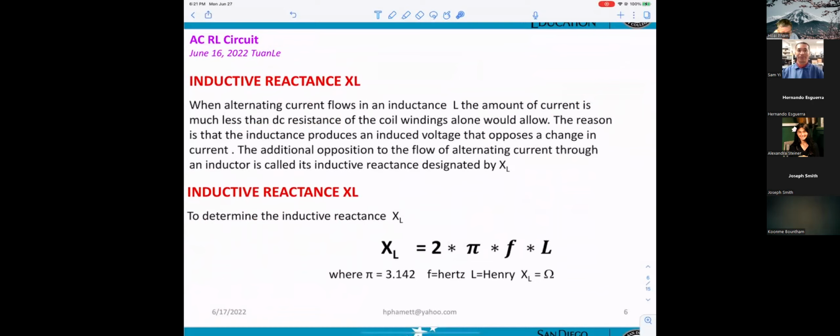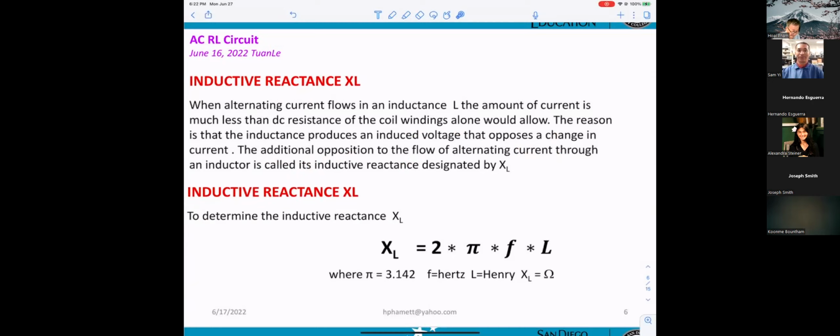The reason is that the inductance produces an induced voltage that opposes a change in the current. Additional opposition to the flow of alternating current through an inductor equals inductive reactance.